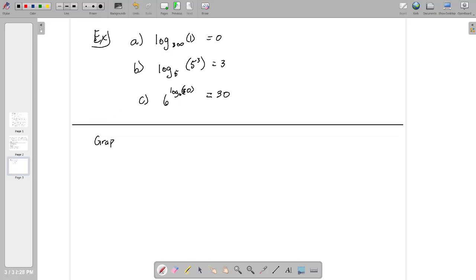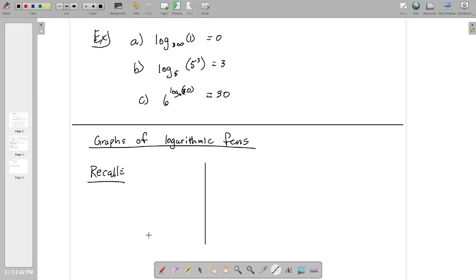All right, the next section I want to talk about is the graph of logarithmic functions. Recall, remember what the graph of an exponential looks like. So we have this as our axes, it crosses at 0, 1, and it goes up like this. Let's call this y equals a to the x.